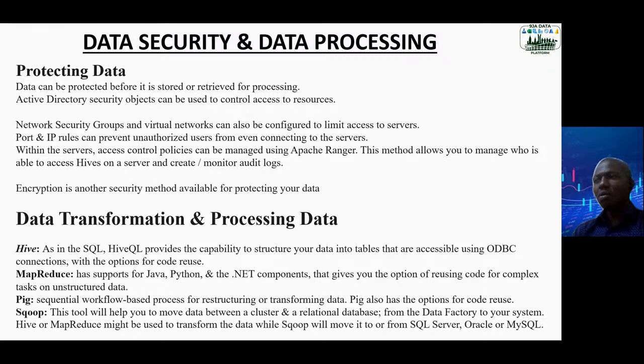Apart from that, now data transformation and data processing. For data transformation, we have Hive, we have MapReduce, we have Pig and Sqoop. Now Hive, as in SQL, HiveQL provides the capability to structure your data into tables that are using ODBC.